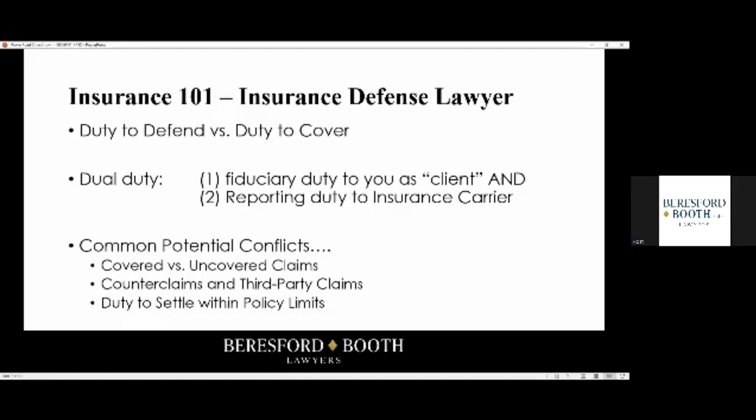And then they could also say in the same complaint, in the alternative, I think John Doe pushed me off those stairs, and that's why I fell. So obviously that would be an intentional tort. If you're getting sued for a situation where they're alleging both a covered event and an uncovered event, your insurance carrier typically has to defend you for both. They can't say, we're only going to cover you for this allegation, but not that. They have to cover you for both.